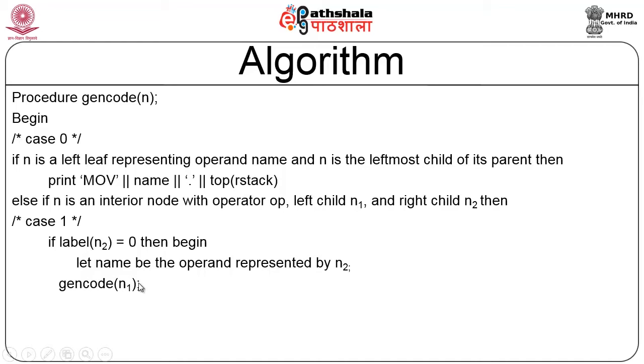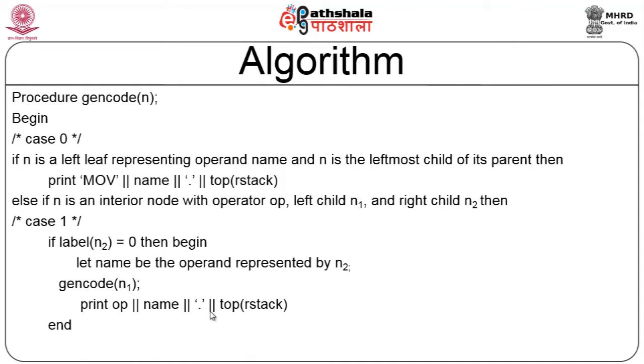That means you call this algorithm recursively with the left child. In that case again it will come to case 0, where you have a left leaf and you issue the move command, followed by which you issue the operator command.